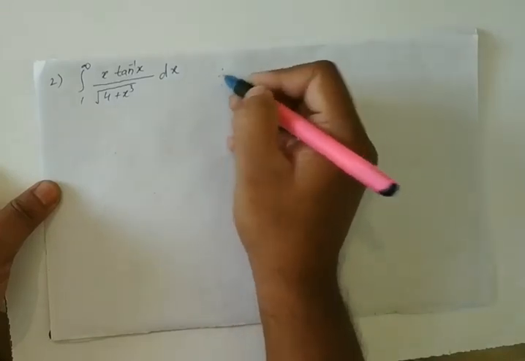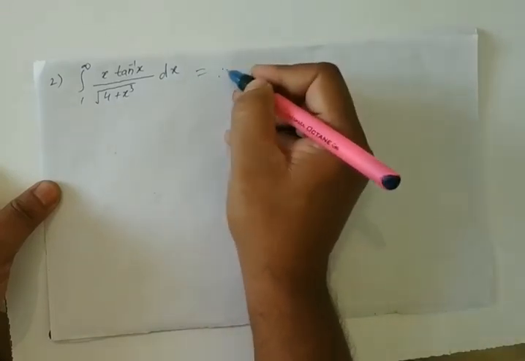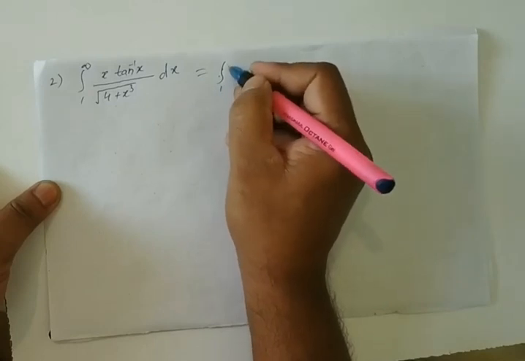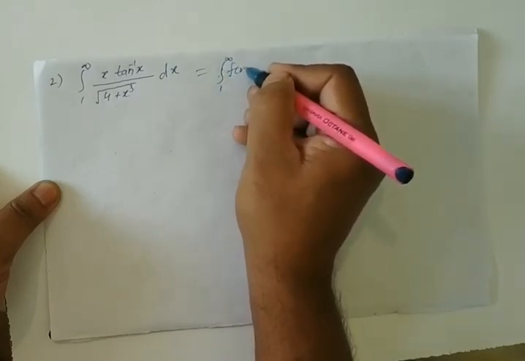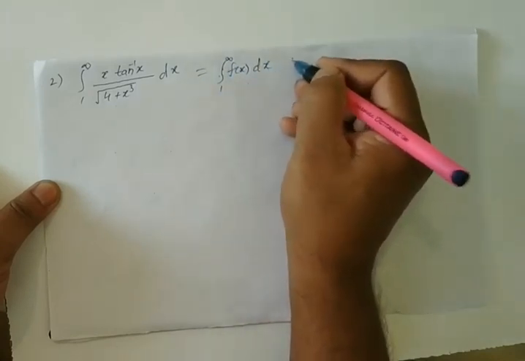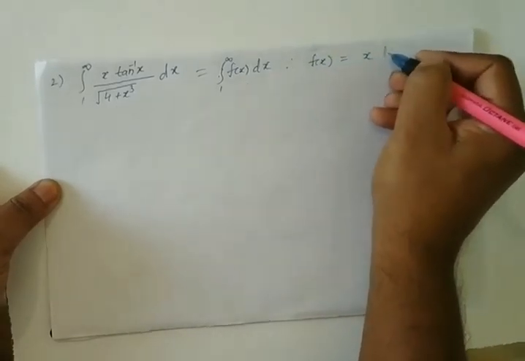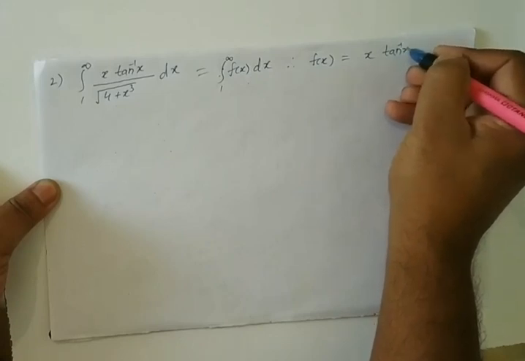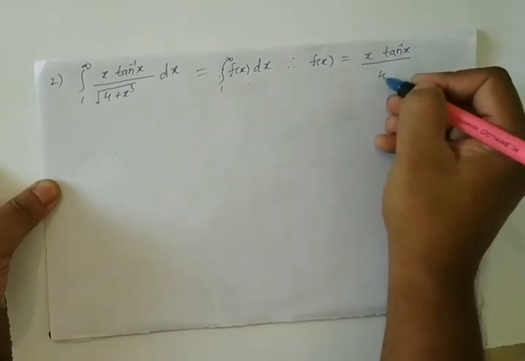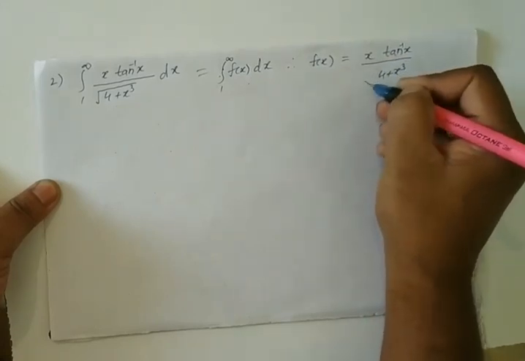Okay, so first let us consider the given improper integral as integral from 1 to infinity f of x dx. Therefore f of x will be equal to x tan inverse x by root of 4 plus x cube.